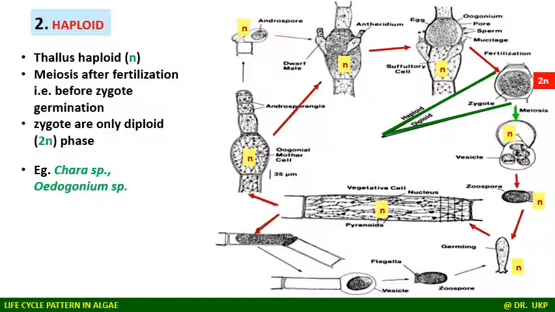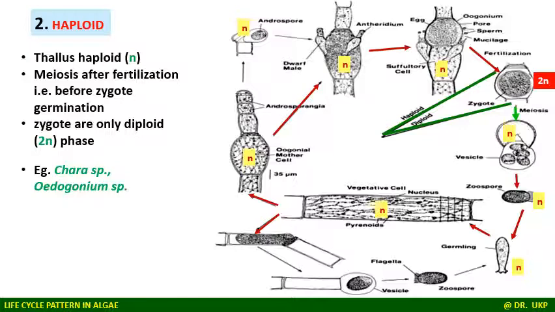From the thallus body, gametes form, which are also haploid. When two haploid gametes fuse, a diploid zygote occurs, and the diploid zygote is the only diploid phase in the life cycle of this type.